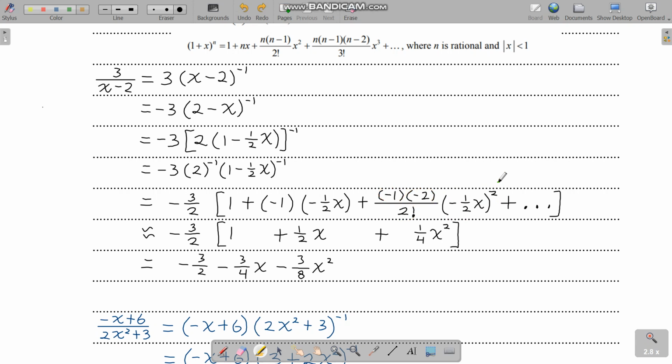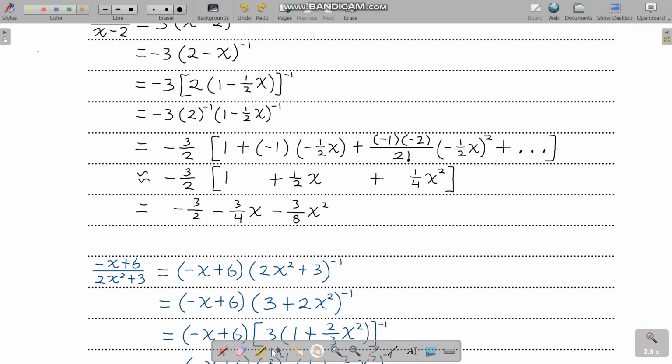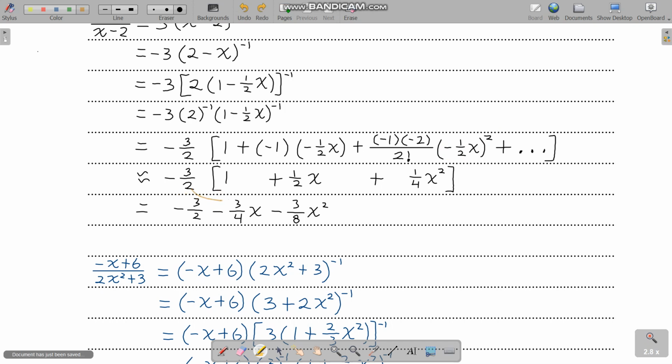We don't need to continue because we are only expanding until the x squared term. So we stop right here and we simplify, we get 1 half. We simplify, use a calculator, you should get 1/4. Make sure you know that the minus 1 half is also squared. And then we multiply minus 3 halves times 1, and we get the simplest form in ascending powers of x.